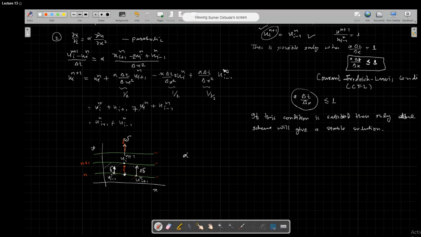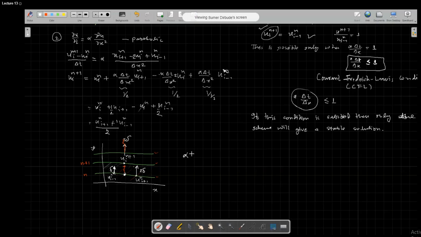So this says it should be the average of that. This should be 1 by half, and this is 1 by half. So that will become 1 and will cancel out. Okay, now it is correct.